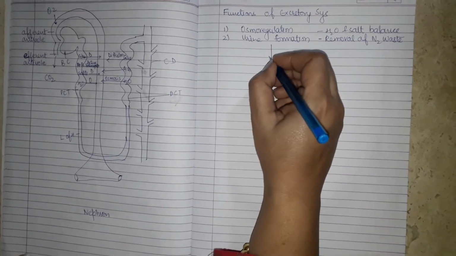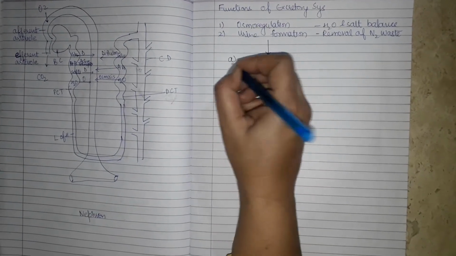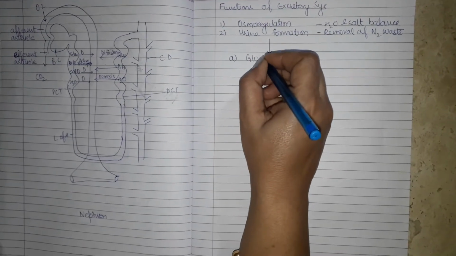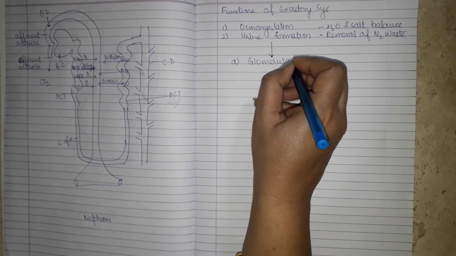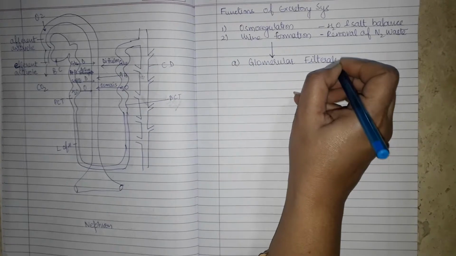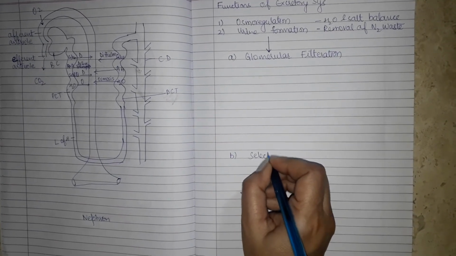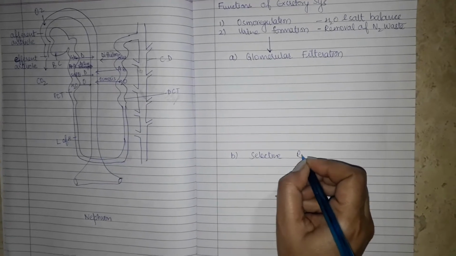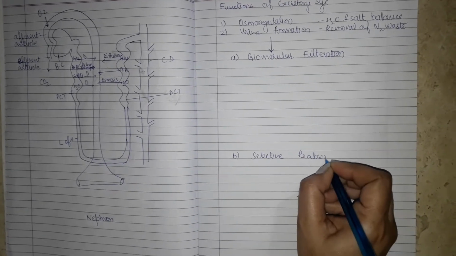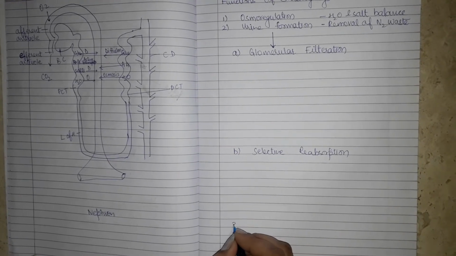Now, urine formation takes place in three steps. First is glomerular filtration. Second is selective reabsorption. And the third is tubular secretion.